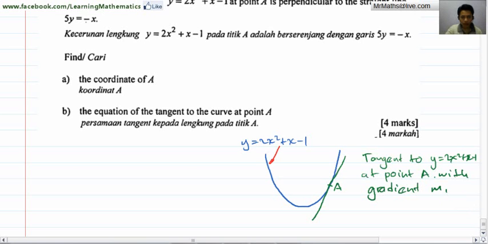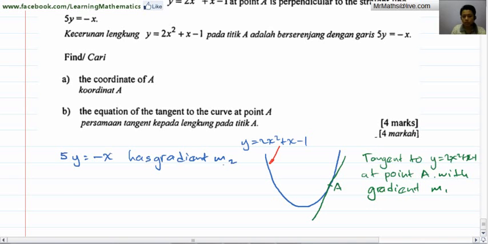Then we have that the tangent is perpendicular to the line 5y equal to minus x, and we say this has gradient M2.